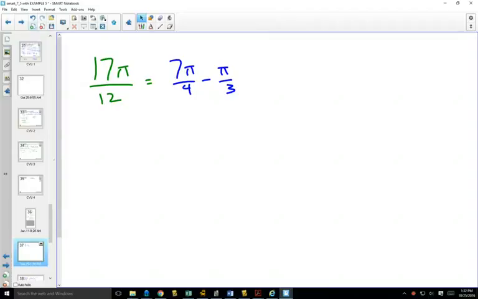Oh, we got hands up. What was the official order of the hands? Which one do you have there? What, just pi over 3 plus pi over 4? That will add up to 7 pi over 12, not 17 pi over 12.